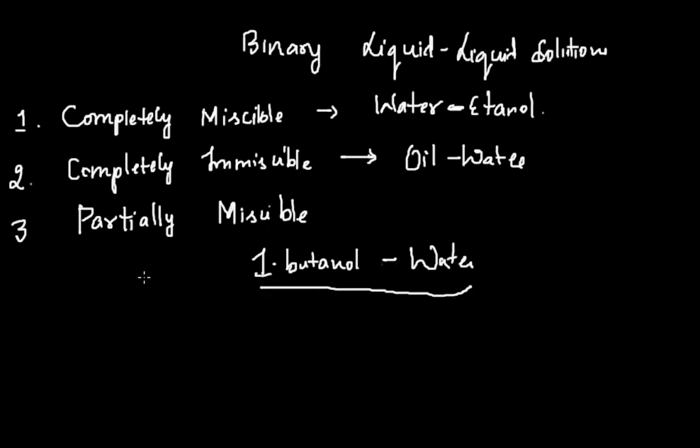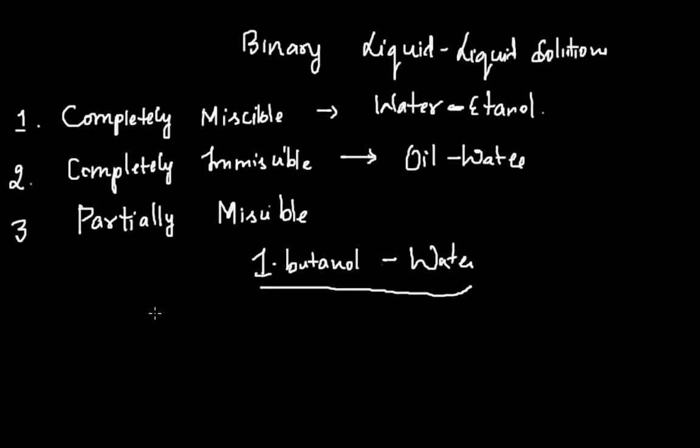Now, this represents a partially miscible system, where if equal quantities of one butanol and water are shaken together, the mixture slowly separates into two layers. The bottom layer is a saturated solution of one butanol in water, and it contains about 8% of butanol by weight, while the top layer is not pure 1-butanol but a saturated solution of water in butanol, and it contains about 32% of water by weight.